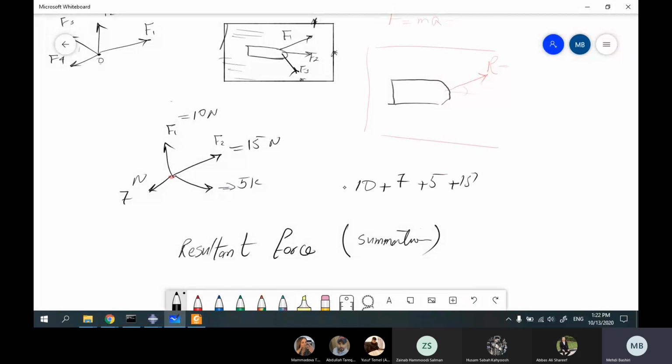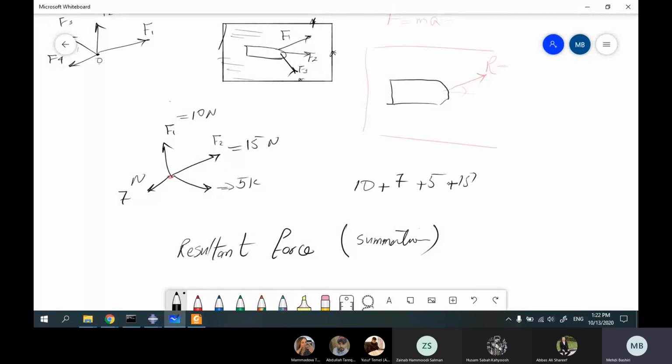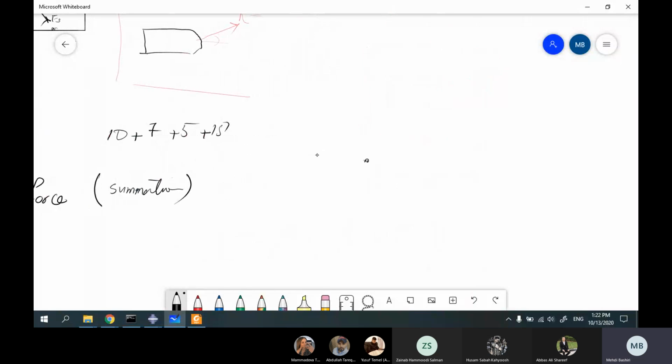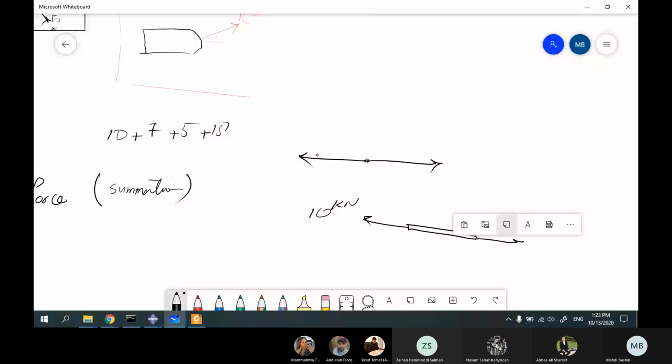Why? Because they're acting in different directions. For example, in one of the obvious situations, suppose that you're pulling, for example, this is a rope, someone pulling from this side with the force of, for example, 10 kilonewton, the other one is pulling from the other side with the magnitude of, for example, 15 kilonewton.